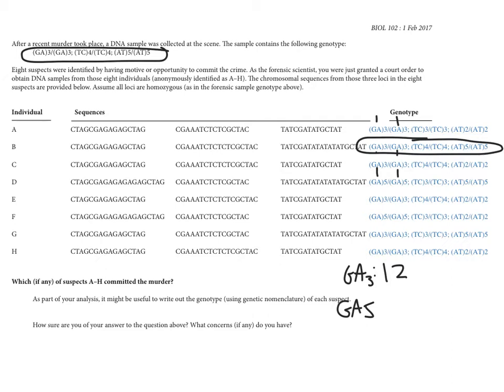How many individuals are there? 8. So there must be 16 total alleles, 2 in each of the 8 individuals. So that must mean that there are 4 GA5s. What about TC3 versus TC4? How many TC3s are there?